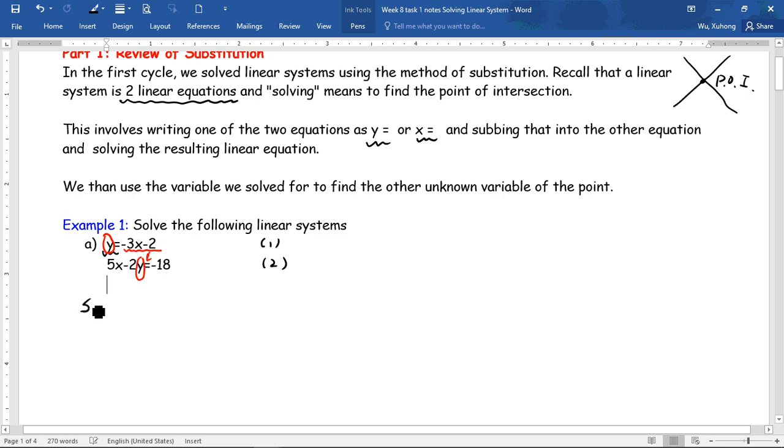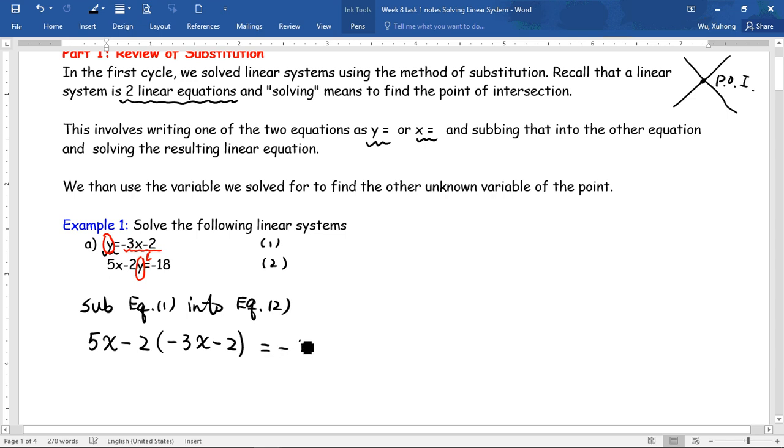So we substitute equation 1 into equation 2. Then we copy all the other parts down here, and we just replace the y variable with the right side of equation 1.